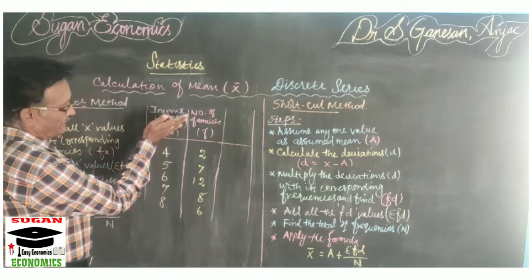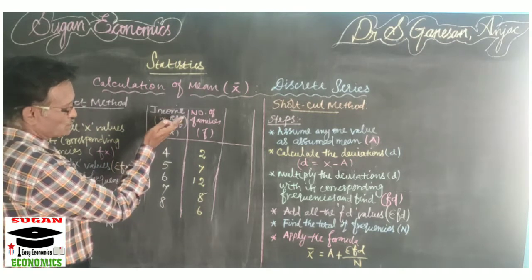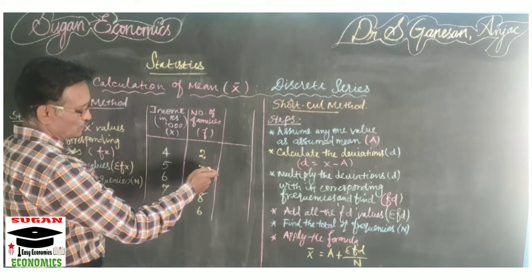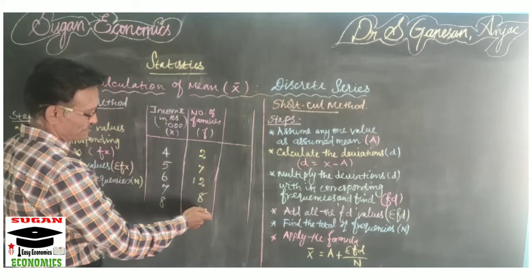Right? So income in rupees in 1000: 4, 5, 6, 7, 8, and number of families 2, 7, 12, 8, 6.